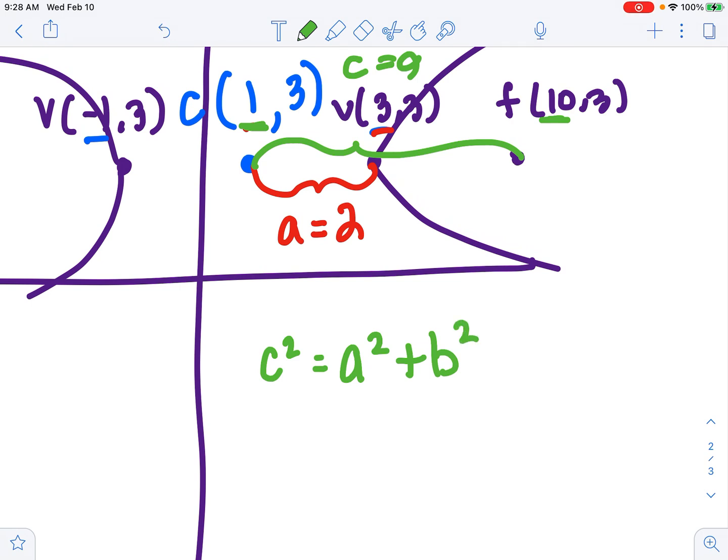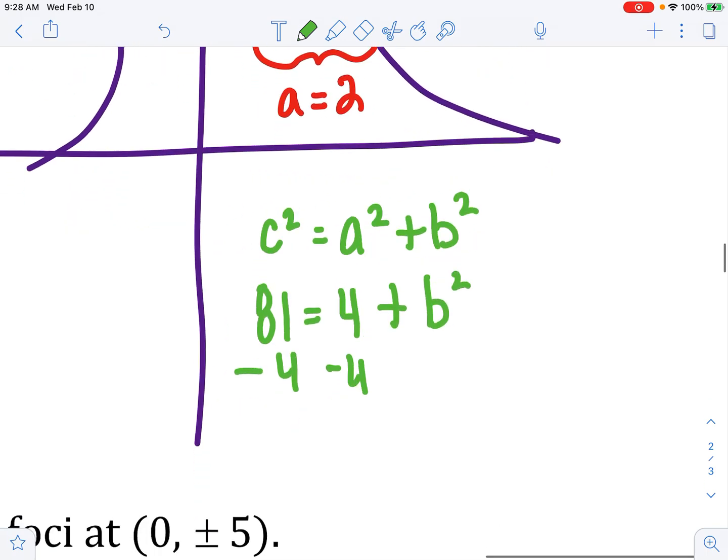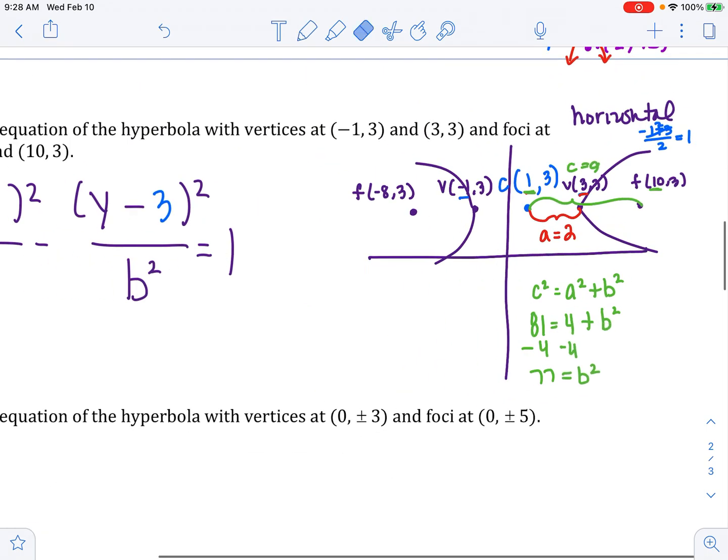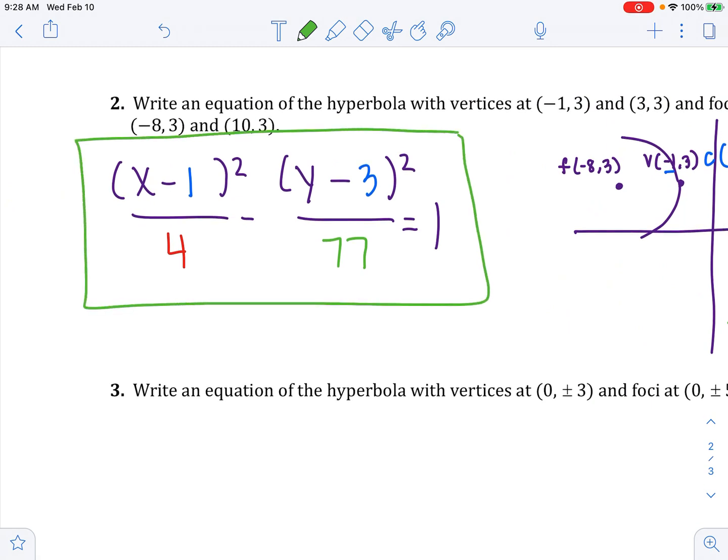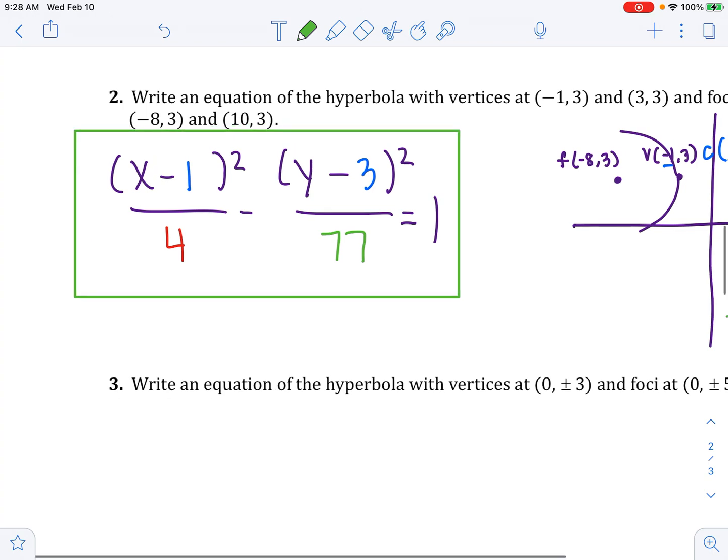So now I'm going to do c squared is equal to a squared plus b squared to get b squared. 81 equals 4 plus b squared. Subtract 4. 77 is b squared. So I can put 77 in for b squared. And there is my answer. Let's box it.